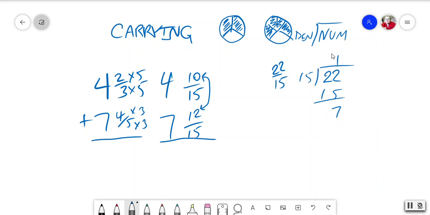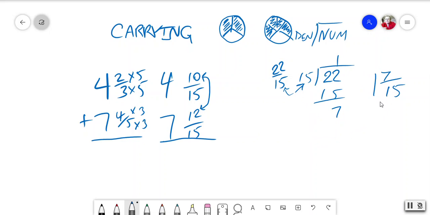So your quotient, the answer, becomes your whole number. Your remainder becomes your numerator, and your divisor, which was originally the denominator, stays the same. Your denominator, just like what we talked about earlier, unless something could be reduced, like if that would have been 5/15, it would reduce, but usually the denominator is going to remain unchanged.